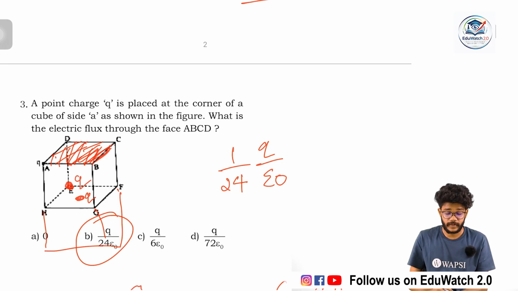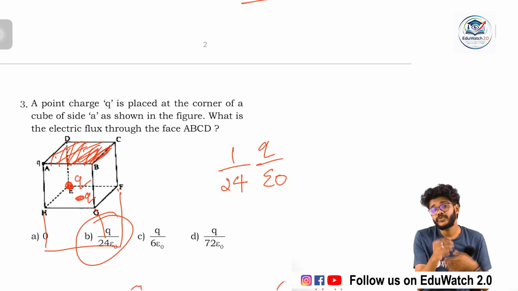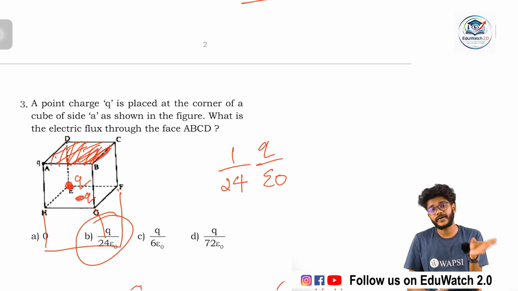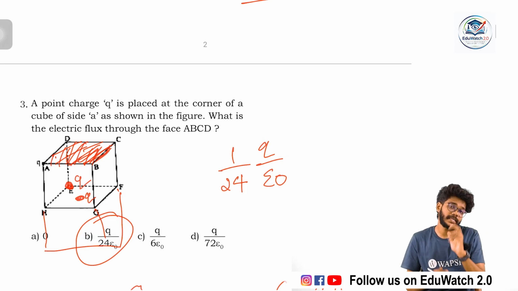So 1 by 10 will be the fraction. By using the position you can calculate the fraction of area, and by calculating the area we can calculate the flux through that area.